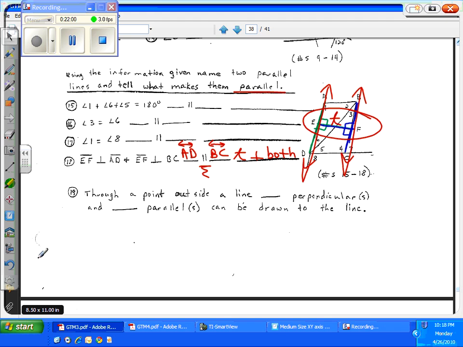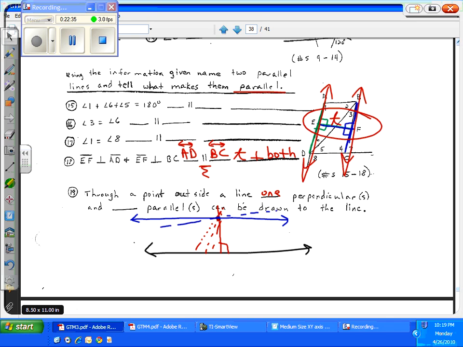And then on number 19, we said, okay, if you have a line and a point not on that line, exactly one perpendicular. In other words, you can only go through that and hit it at 90 degrees with one thing. If you tried to do it like that, it wouldn't hit at 90. Exactly one line perpendicular and one line parallel can be drawn.